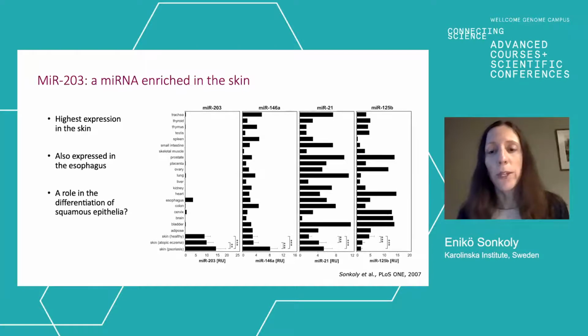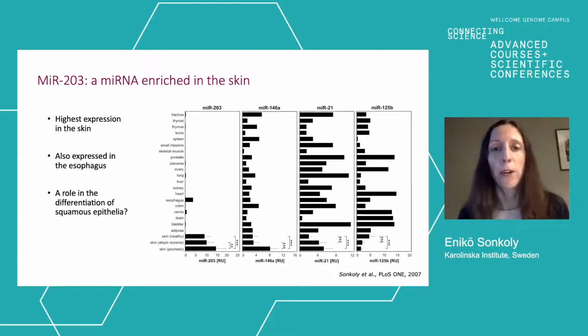So miR-203 is a microRNA which is enriched in the skin. And we bumped into this microRNA accidentally when we were investigating the microRNA expression profile of the inflammatory skin diseases psoriasis and atopic dermatitis, and comparing them to each other as well as to healthy skin.